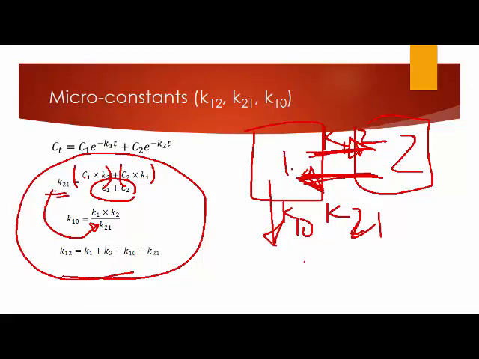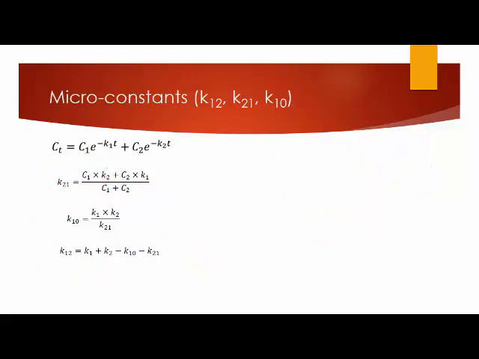Your K10 is equal to the product of your two macro constant slopes divided by your micro constant there. And then finally you figure out K12 last because you need both of these micro constants along with these two macro constants to calculate it. So you can calculate all of your micro constants once you get your macro constants.